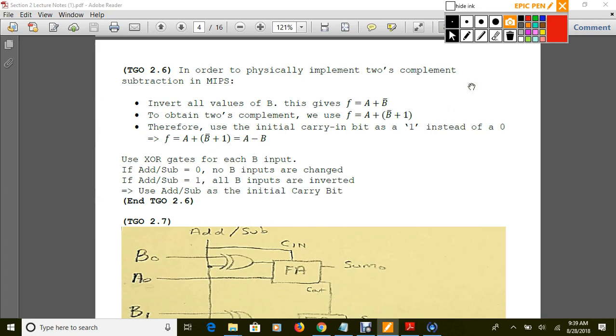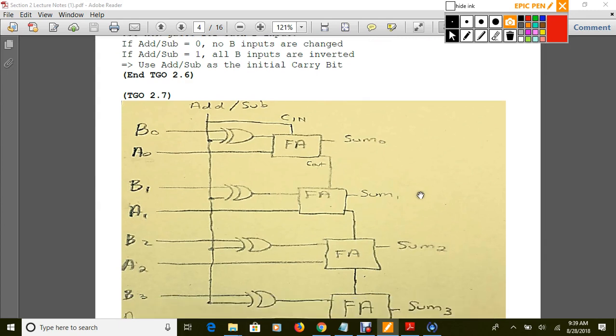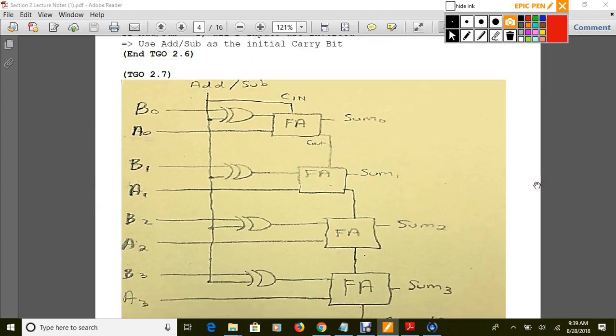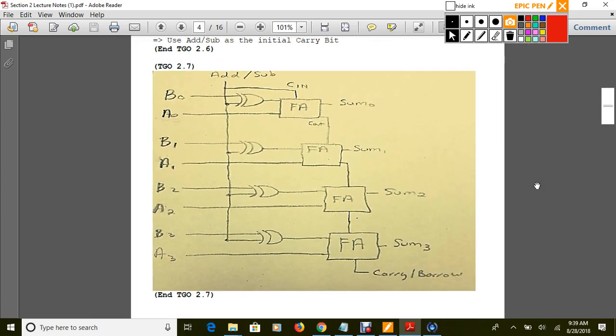So instead of having to do all of these distinct adders and subtractors, I just add an XOR gate to a bunch of full adders. This TGO 2.7 is a 4-bit full adder. If you're doing 32 bits or 64 bits, instead of adding in all these different ANDs and NORs and XOR gates, you're just adding one XOR gate, and using efficient design from the control signal, you significantly reduce the area required to perform both addition and subtraction.